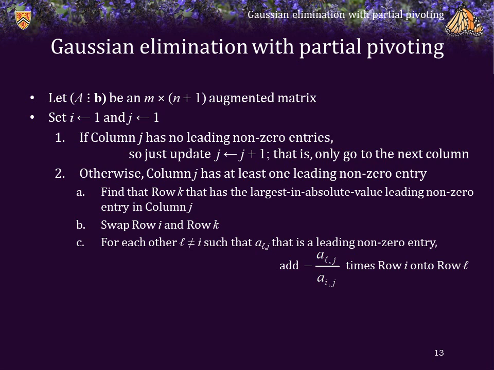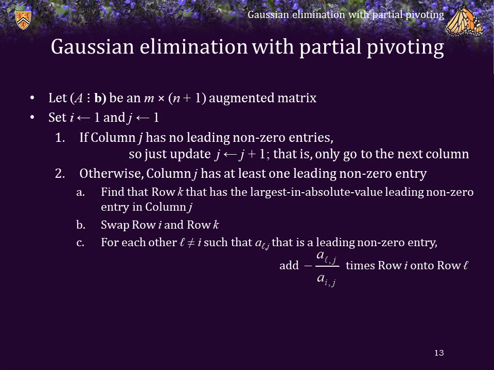What we will then do is examine every other leading non-zero entry within column J and add an appropriate multiple of row I onto that subsequent row so as to zero out that leading non-zero entry.